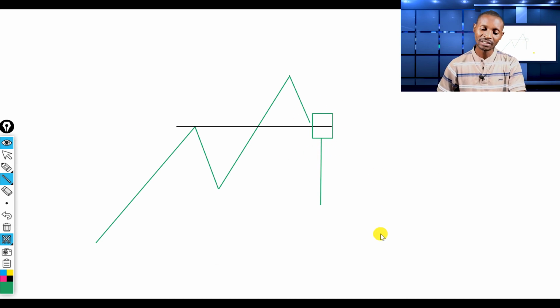This candlestick pattern, we call it a hammer. It shows that there is very strong buying pressure and the market is willing to continue higher. By recognizing these patterns, the meaning and the strength behind them, it will help us to determine whether we buy or sell.